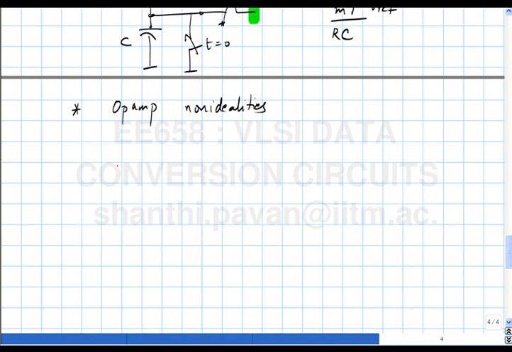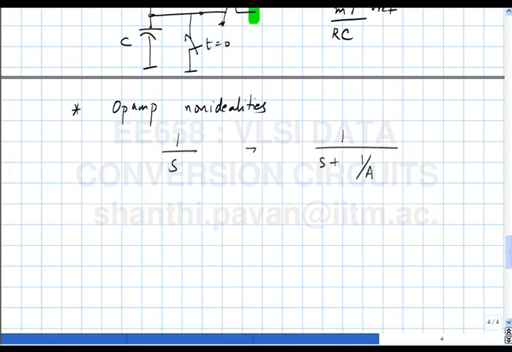Instead of the integrator being of the form 1 over s, it becomes 1 over s plus 1 over A. The pole, instead of being at the origin, shifts into the left half plane. And when I set s equal to 0, indeed the gain is A.